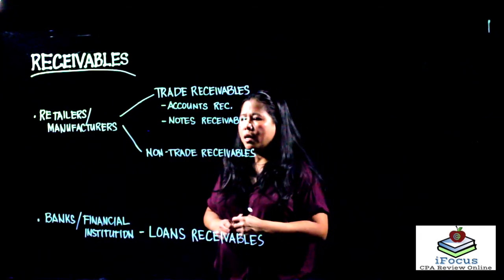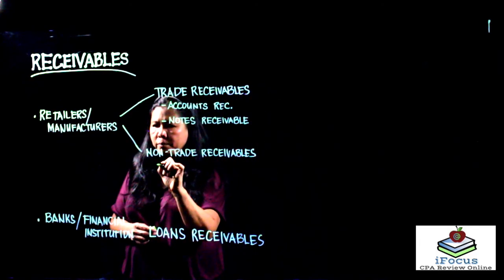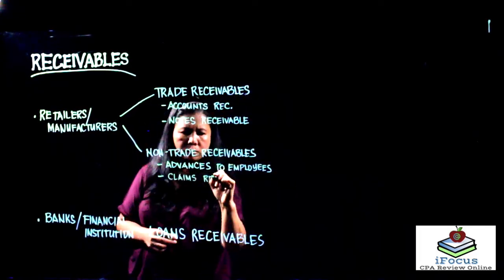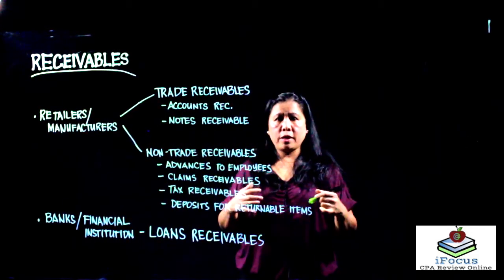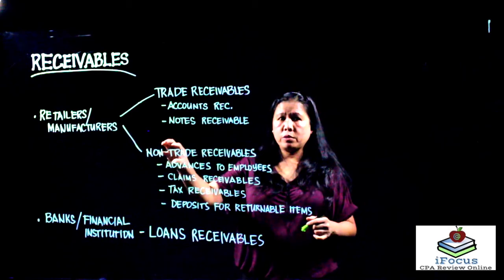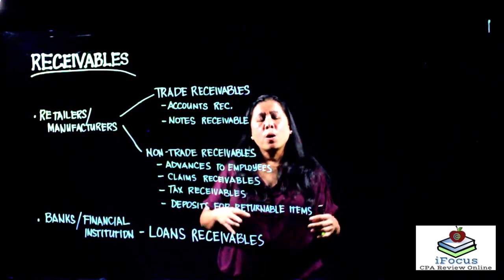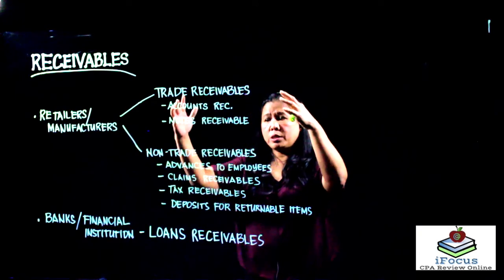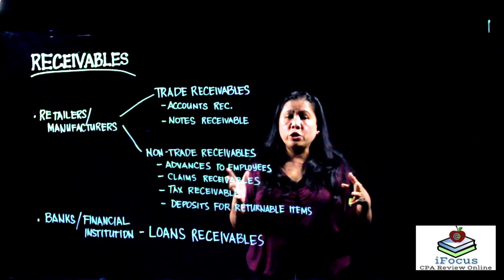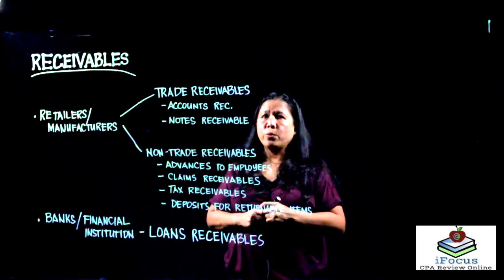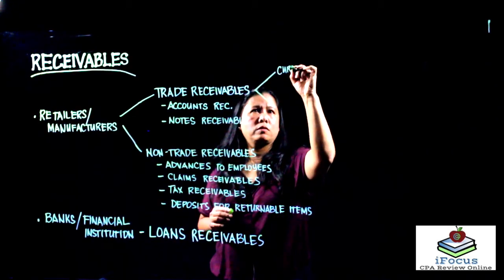And some examples of non-trade receivables are... How do we classify trade receivables and non-trade receivables on our financial statements? We classify trade receivables and non-trade receivables as either current assets or non-current assets.